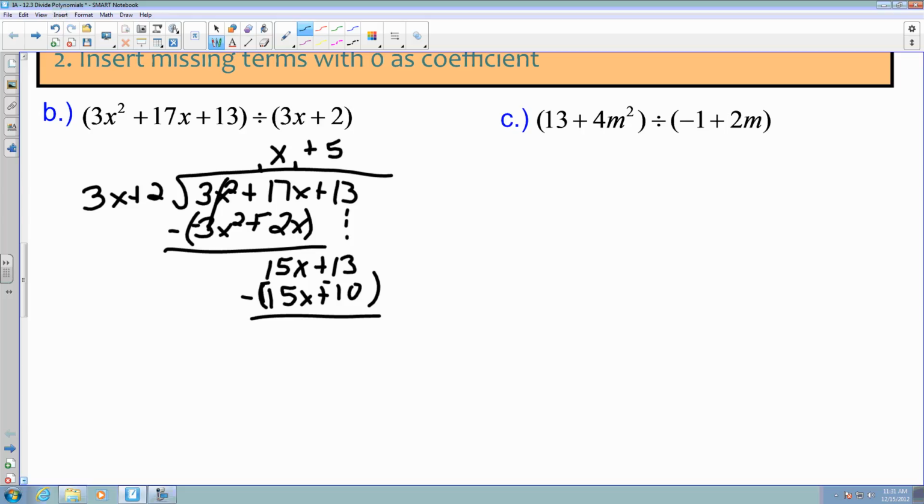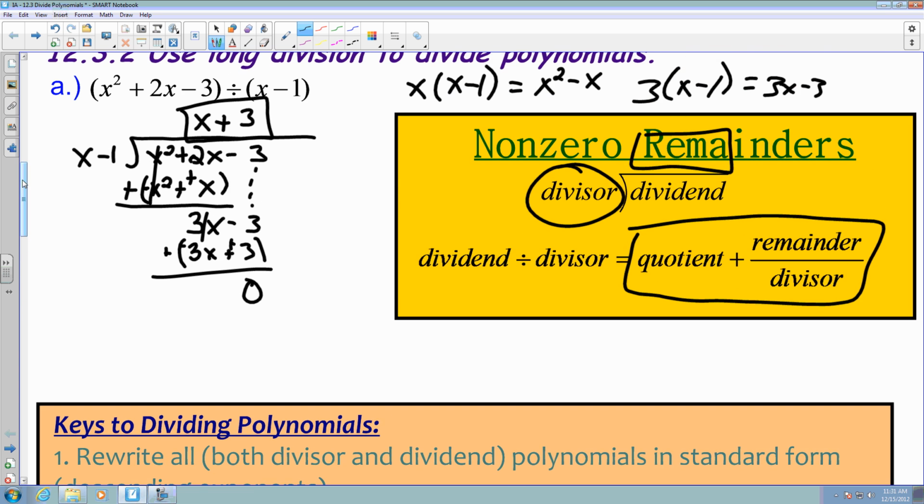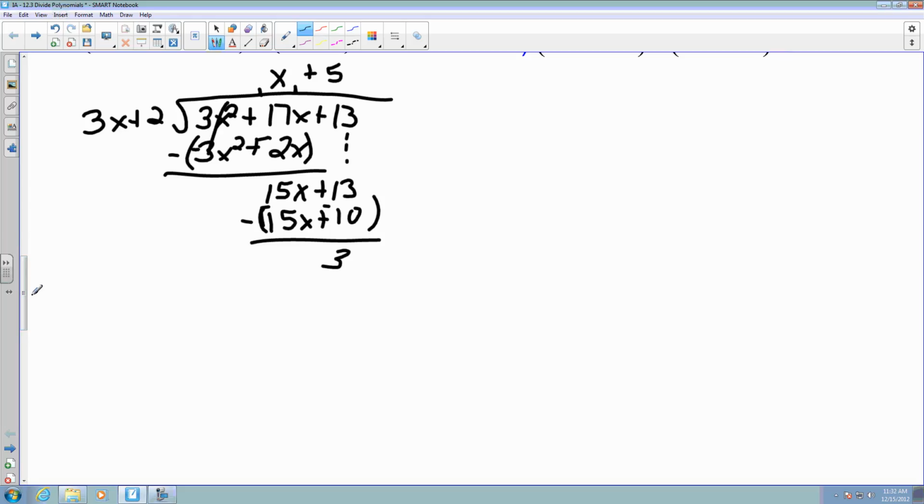So 15x minus 15x is 0, and, excuse me, 13 minus 10 is 3. So now I have a remainder. If I go back up to where we talked about remainder, it's the quotient plus the remainder divided by the divisor. So the quotient is x plus 5 plus the remainder, which is 3, divided by the divisor, which is 3x plus 2.